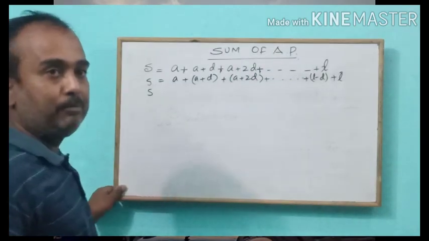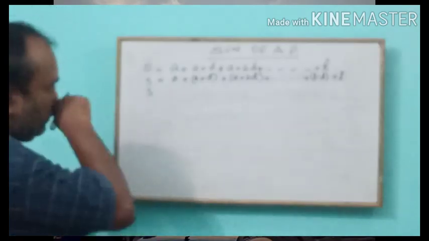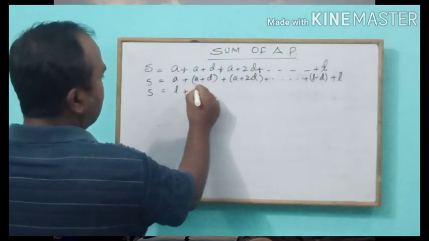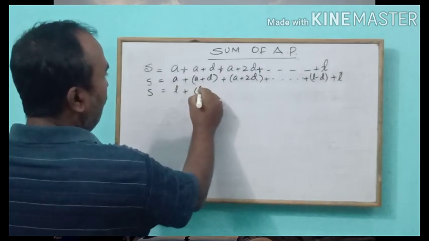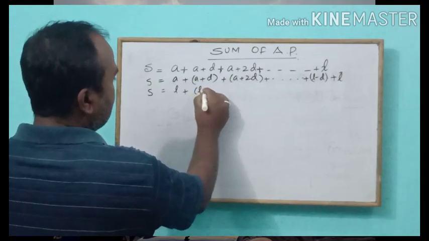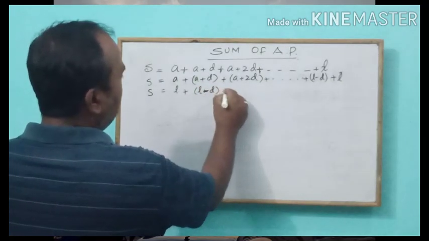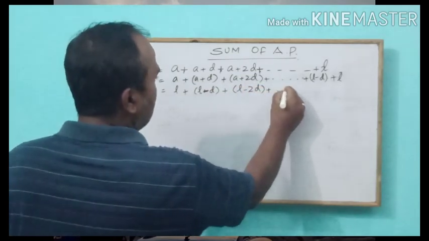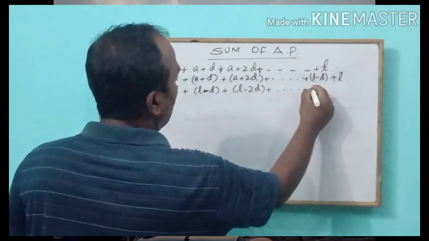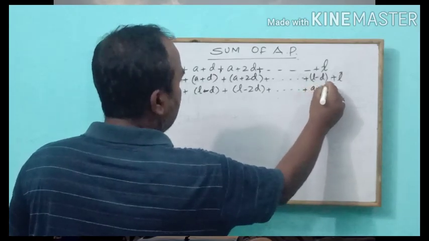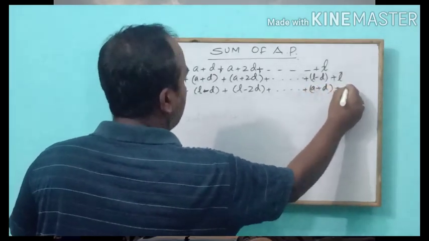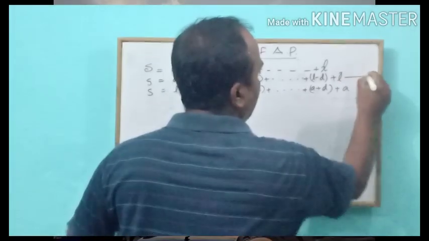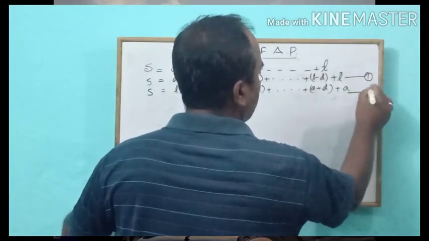Whether I write 5 plus 7 or 7 plus 5, it is the same. So this is equal to L plus (L minus d) plus (L minus 2d) and so on, up to (a plus d) plus the last term a. Let this be equation 1 and this be equation 2.